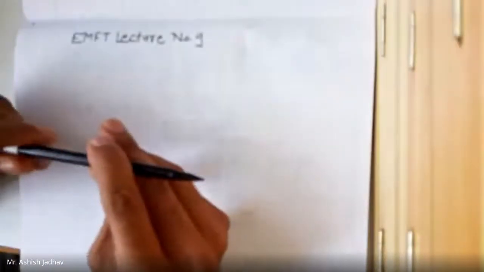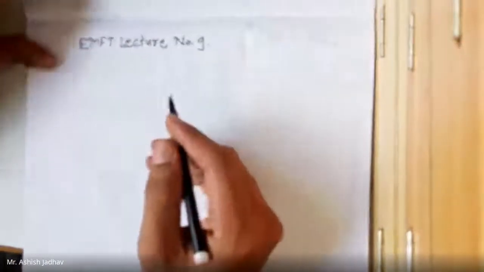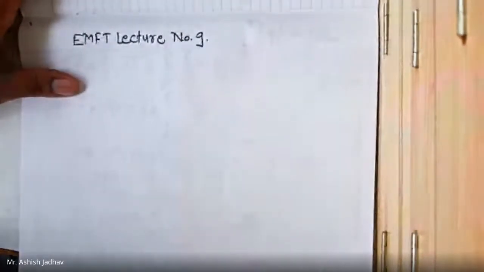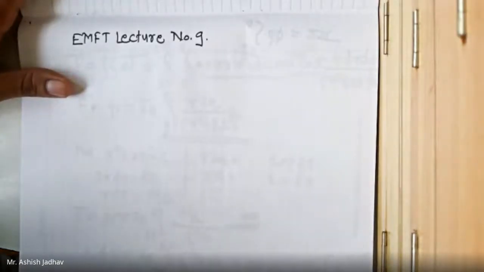I will ask you, then you can put your roll number into the chat box. So I think enough. 77 is the strength. So shall we start? 79. Shall we start without waiting for latecomers? Yes, sir. Okay.